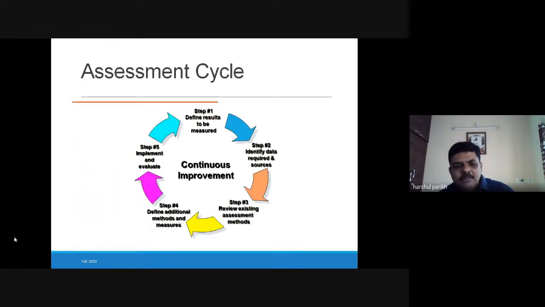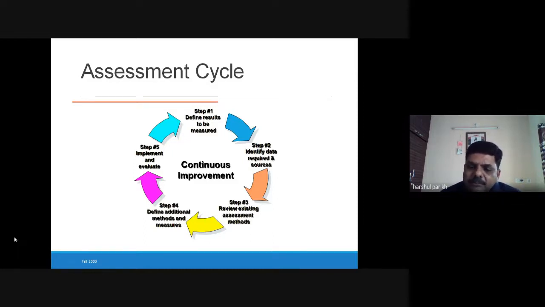This is the assessment cycle, right? Step 1, define the result to be measured. That means we have to set a certain parameter, that this result must be achieved or the student must perform up to this result.